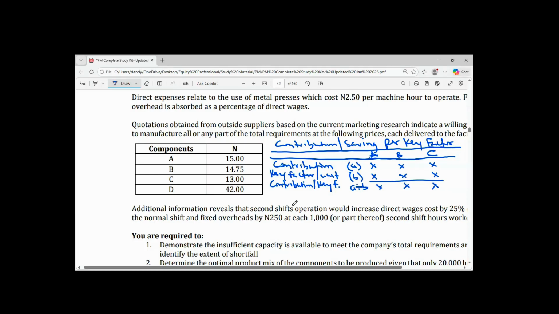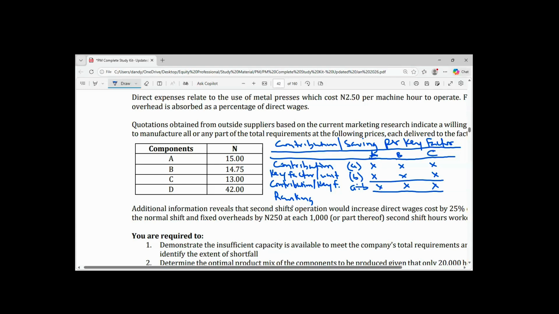So the next thing you are going to do is to rank. You rank your results in a descending order. It's because of space. This is supposed to be contribution slash saving per key factor and then ranking.